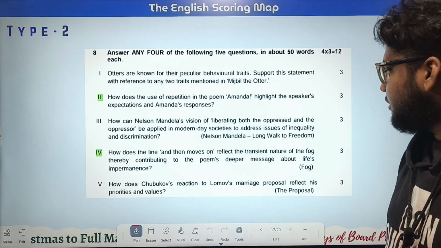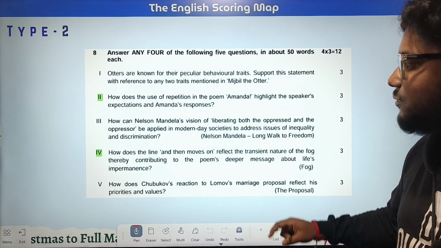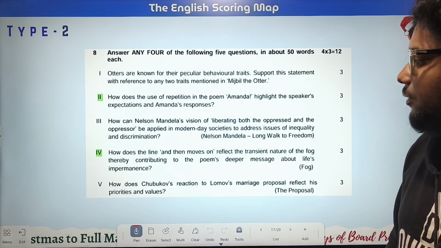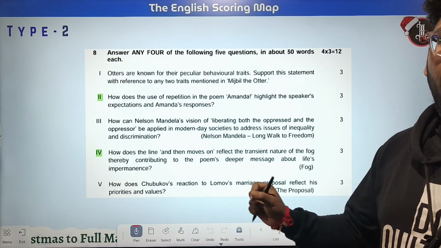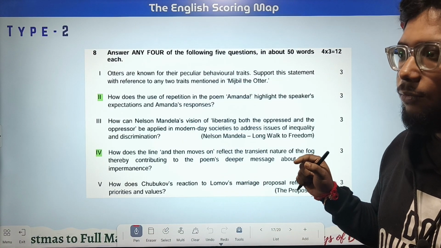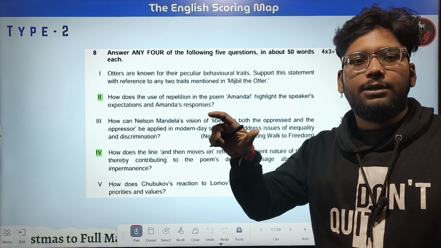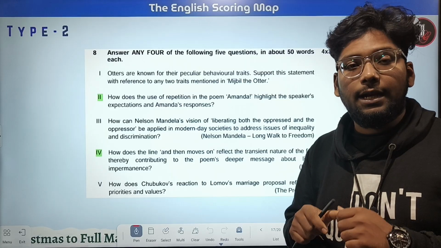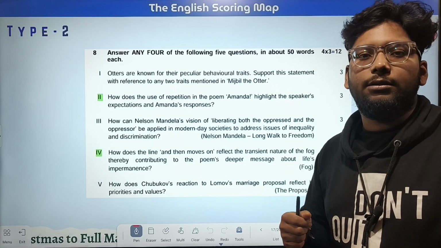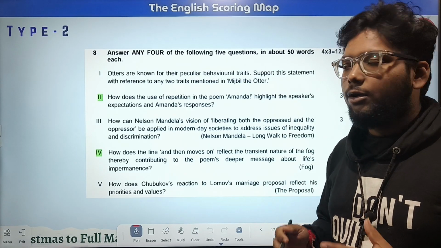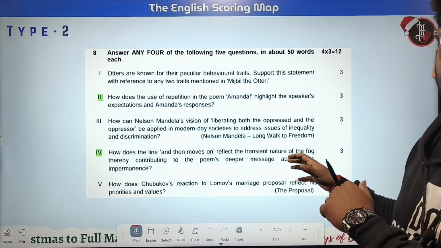This is from the poem Fog, and as we have read Fog, we know what happened in the whole poem, right? We know how the fog entered, how the fog spread over the city and the harbor, and how it moved on, how it moved away. We all know about these things. So we can put up those things over here.